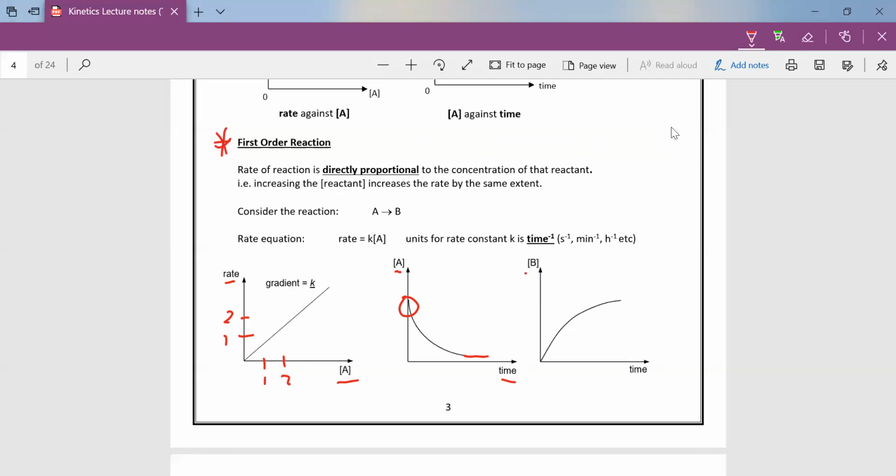The product concentration versus time graph shows pretty much the same thing. As A decreases, B increases rapidly, and after some time, it also will start to plateau off. Units for the rate constant is per time, time being seconds, minutes, or hours.